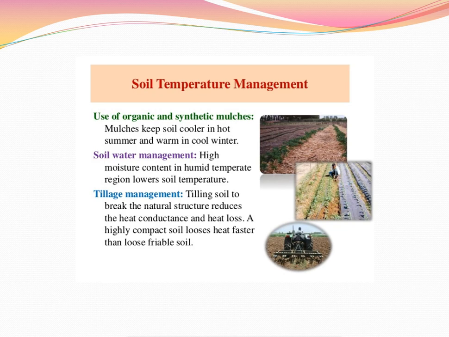Mulches keep soil cooler in hot summer and warm in cool winter, an ideal nature. Then soil water management: high moisture content in humid temperate regions lowers soil temperature. Then tillage management. Tilling of soil to break the natural structure reduces heat conductance and heat loss.